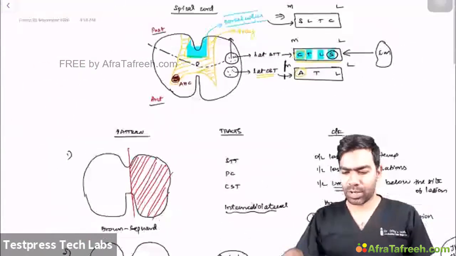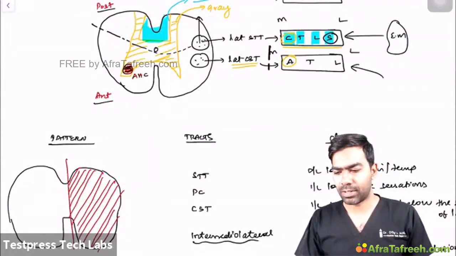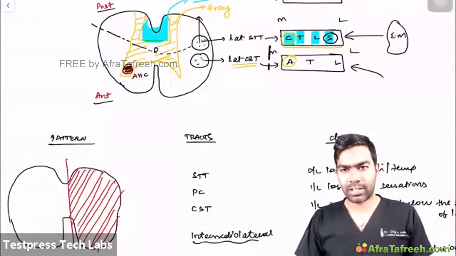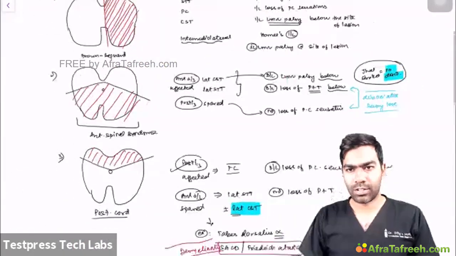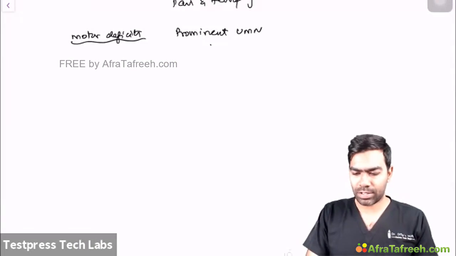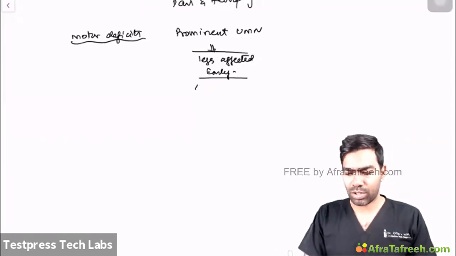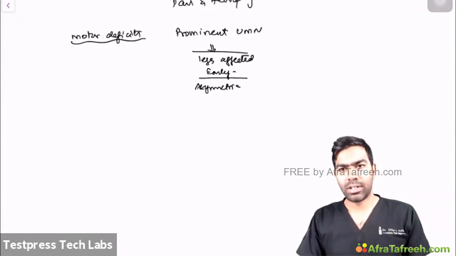In a Brown-Sequard cord, or when you are compressing from the side, which will be affected early, legs or arms? In extramedullary lesion, yes, your legs will be affected early. It will be a prominent hemi kind of a picture, and legs will be affected early. Most often it will be asymmetric, because it's compressing from one side only.